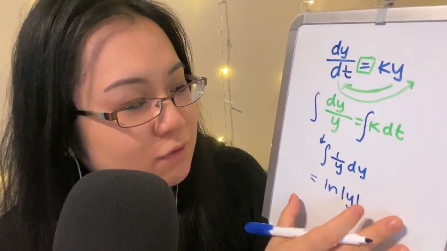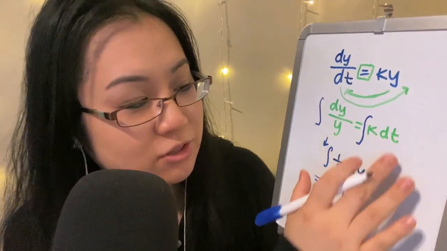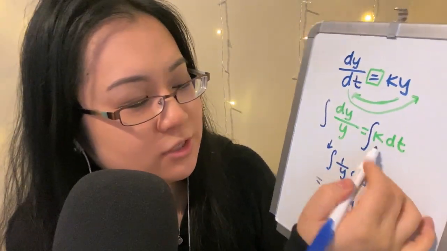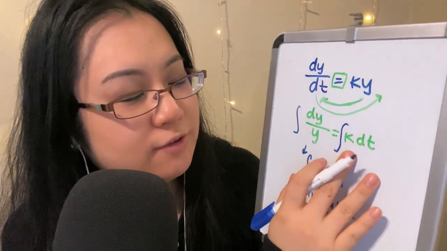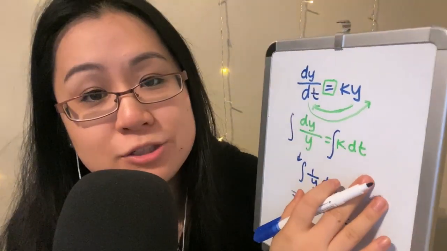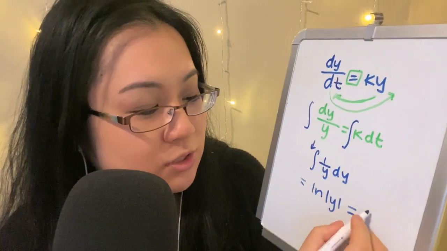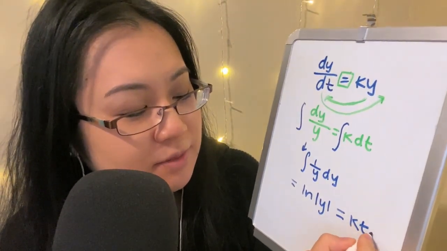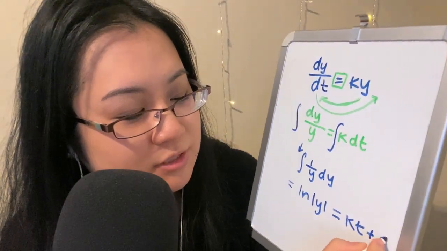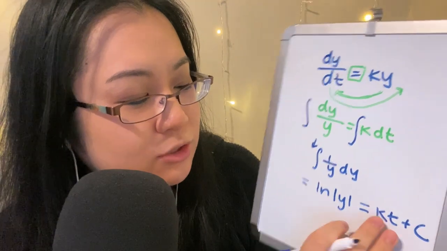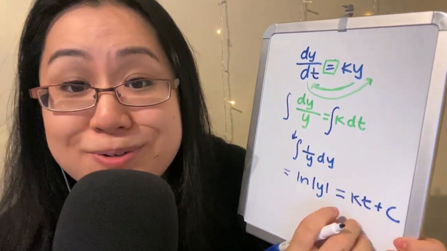So the natural log of y will deal with the plus c on the other side of the equal sign here. So this is going to equal, and what is the integral of a constant? So k is our constant with respect to t. So this is going to be kt, and then I'm going to add the plus c. Okay, so question.